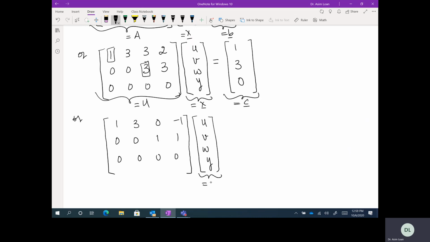This is still x. The 1 is still there and this is still 0. And this one, sorry, this is 3. This is not 1 because this is not changed. But actually this is 1.